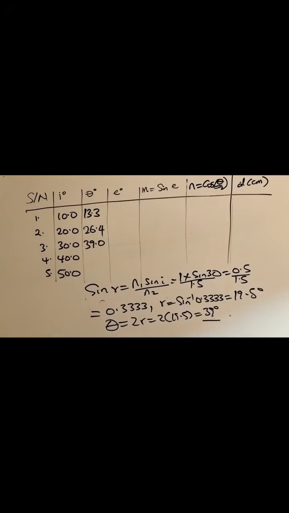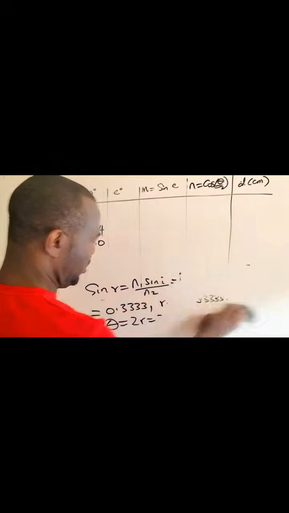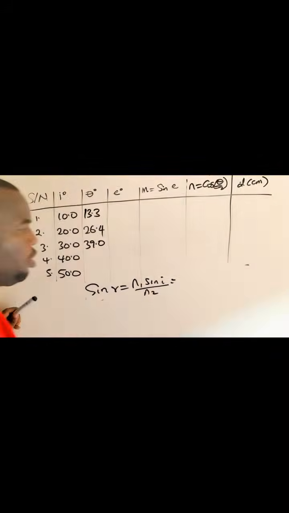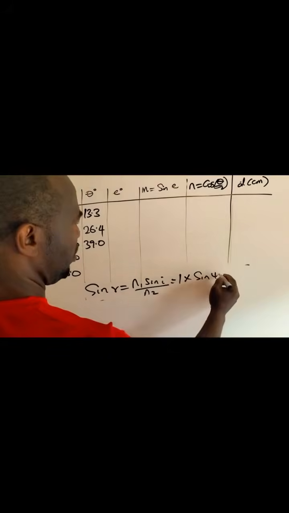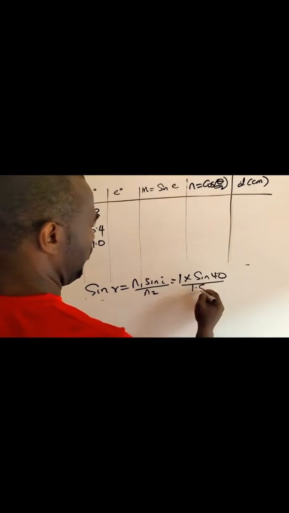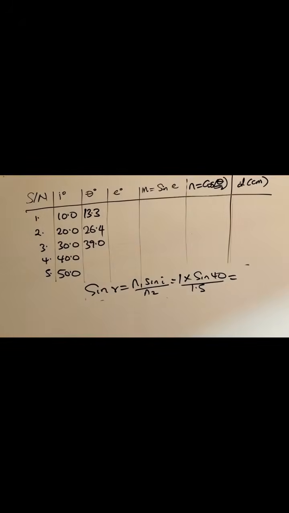Having done that, we'll now go to the next angle, which is 40 degrees. So if I is 40 degrees, the same process: substitute the index of air 1 times sine 40 all over 1.5, the index of the glass block. Sine 40 is equivalent to 0.6428.